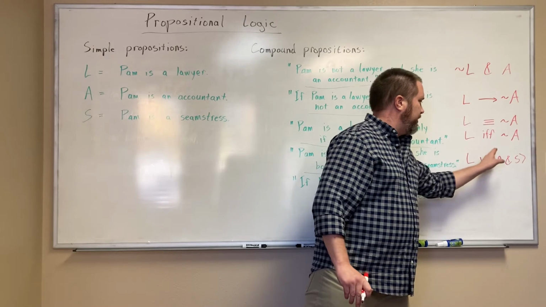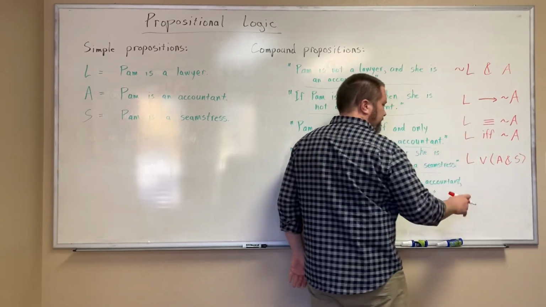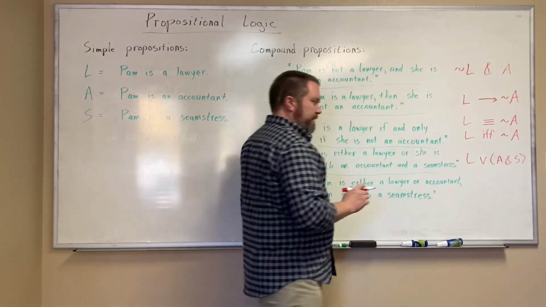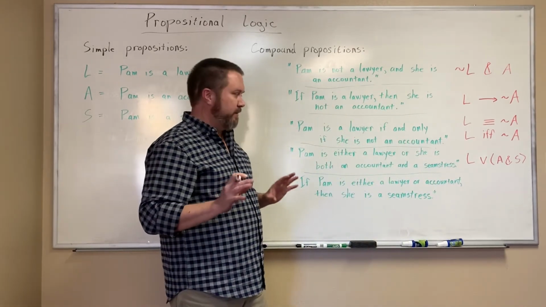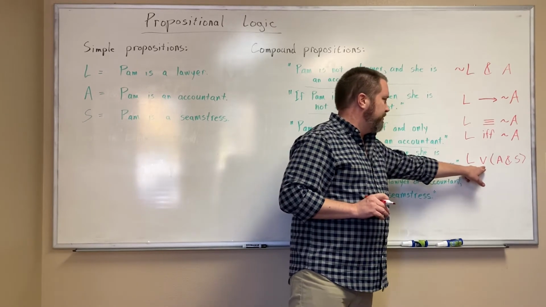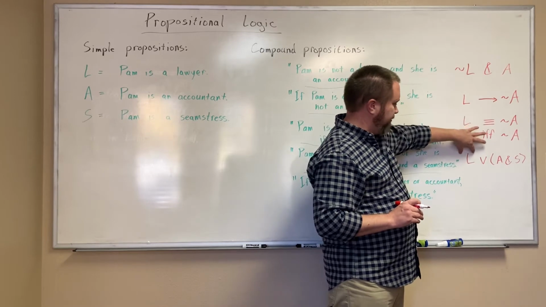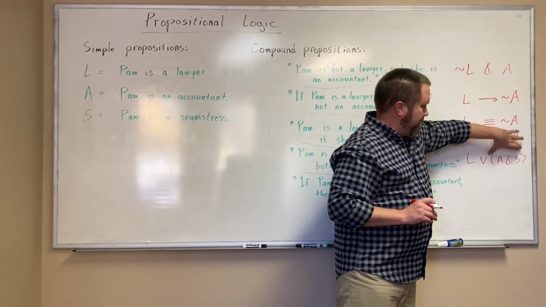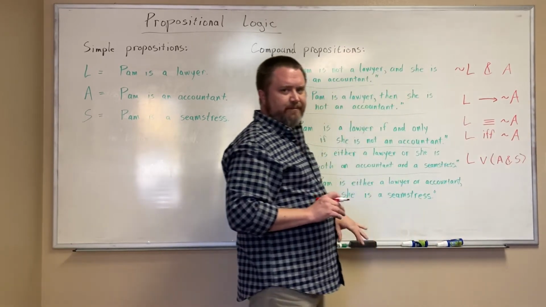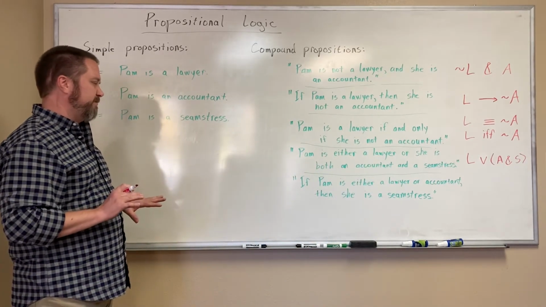So I had to put the parentheses on that because I'll go over after this where you want to identify your main operator. In this case, it's the wedge. So when we get into truth values, you're going to analyze the truth value of this and this as its own entity. But we'll get to that later. Let's worry about the symbolism for now.